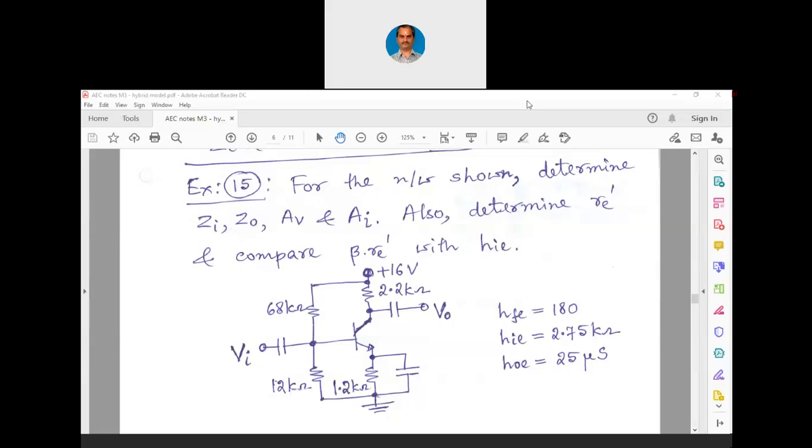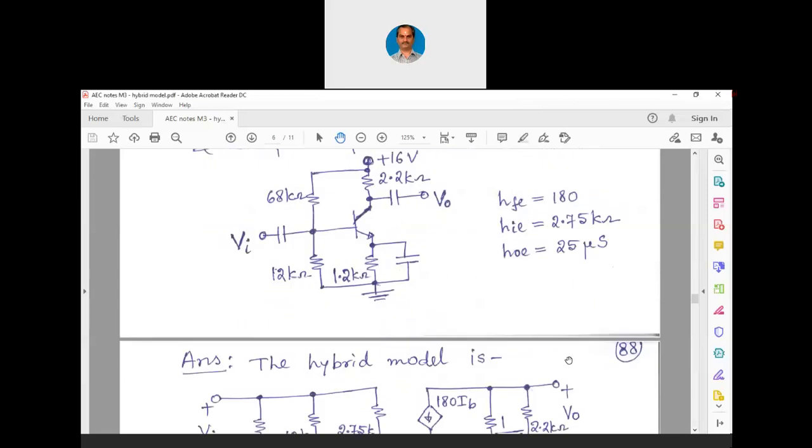Z naught is 2.08 kilo ohms. That is 2.2 kilo ohms in parallel with 1 over 25 microsiemens. 1 over 25 microsiemens is 40 kilo ohms. So 2.2 kilo ohms in parallel with 40 kilo ohms will be 2.08 kilo ohms. Let me show you the answer.